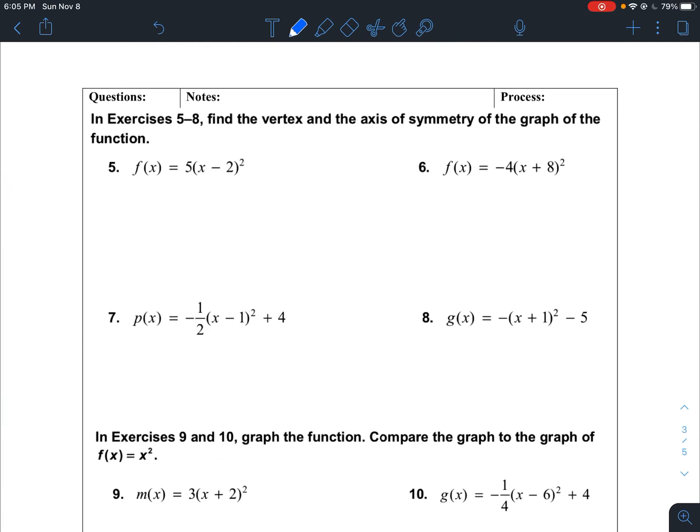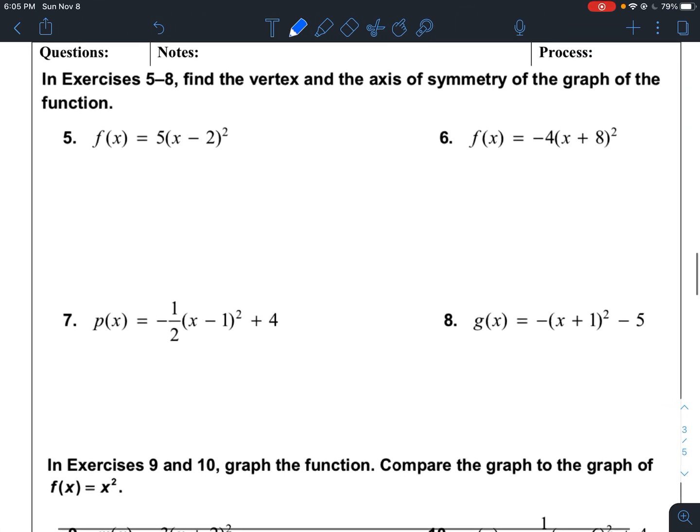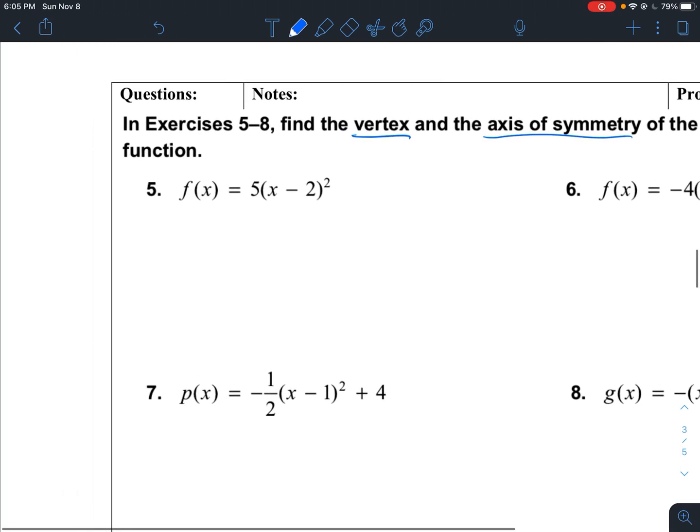So let's go down to some of these exercises. It wants us to find the vertex and the axis of symmetry of the graph. For this function right here, we don't have a k value, right? So that means we're not going to shift the graph up or down. There's no vertical shift.